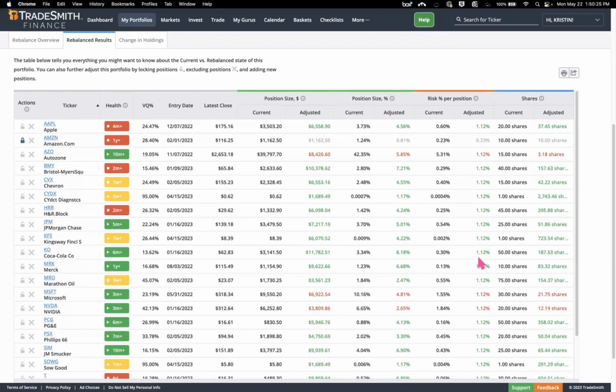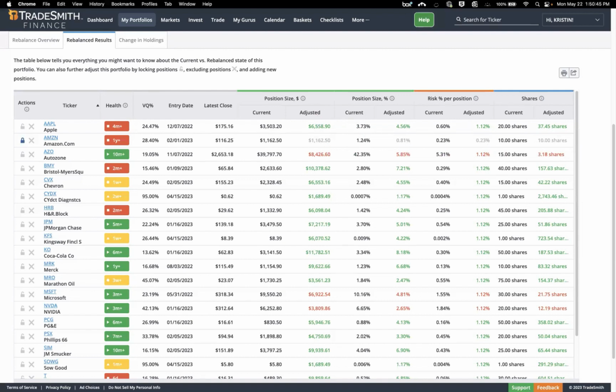So I would be happy with that. That is the lock icon. If you want to make adjustments, the position size, the risk percentage per position, and the shares will be updated automatically, which I just showed you. And you can tell it's locked because it's grayed out.